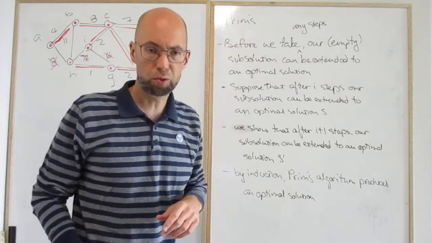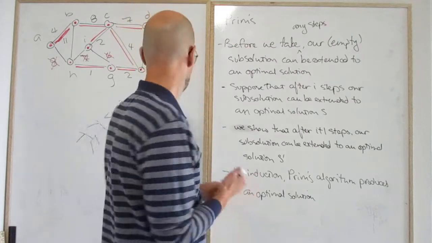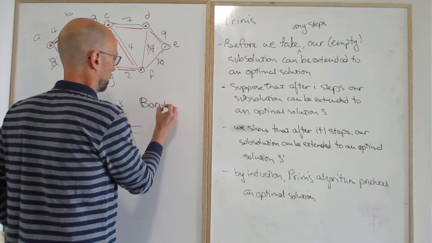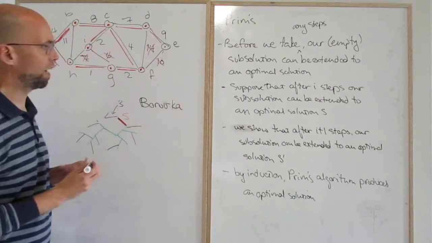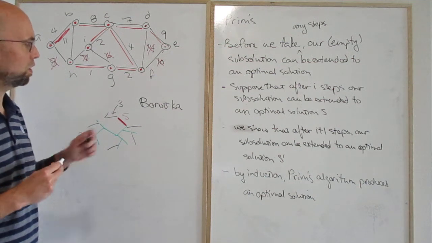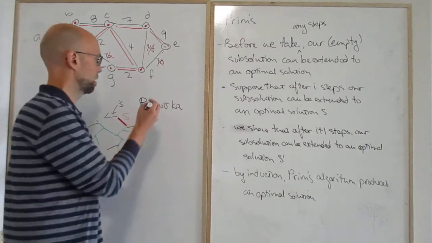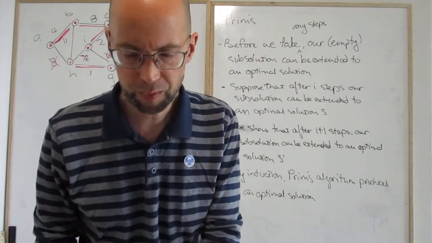Prim's. Oh, Boruvka. Yeah, if I put it on the assignment, I think there might be an accent on the U. I'm not gonna, so this is a U and this is a V. I think there might be a little circle above the U or something like that.